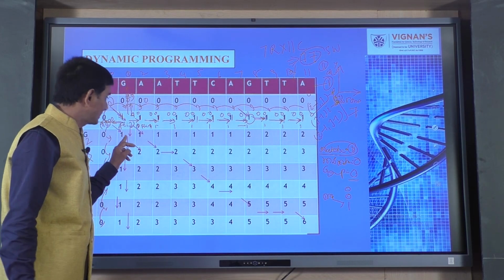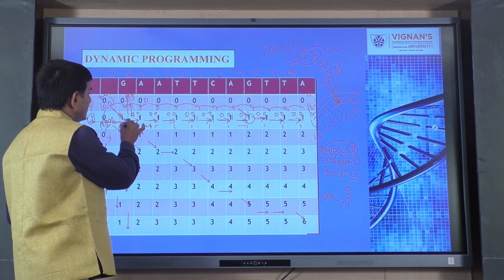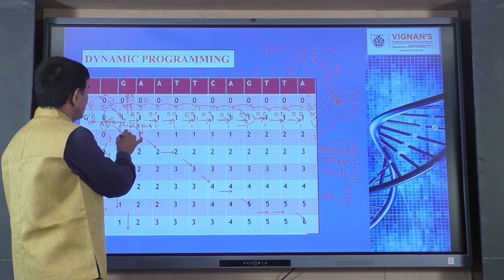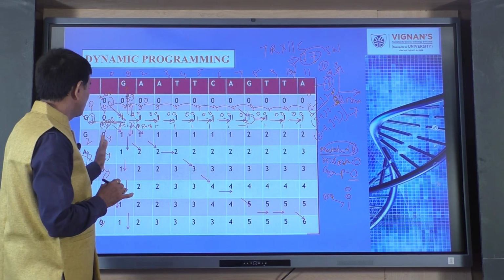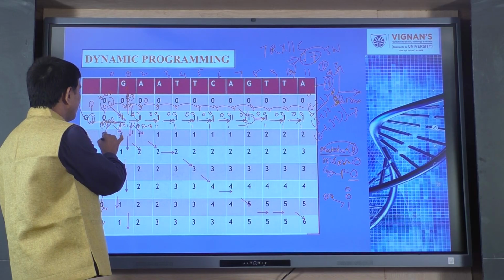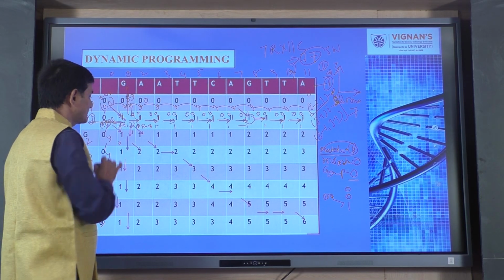Similarly, for this cell in the matrix, change in row, that is I minus 1 comma j, is 1 and minus 0. So, it gives us the value of 1. Coming to the change in column, the value in I comma j minus 1 is 0. So, 0 minus 0 is another 0.